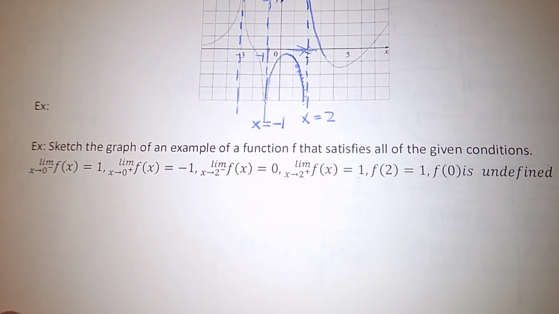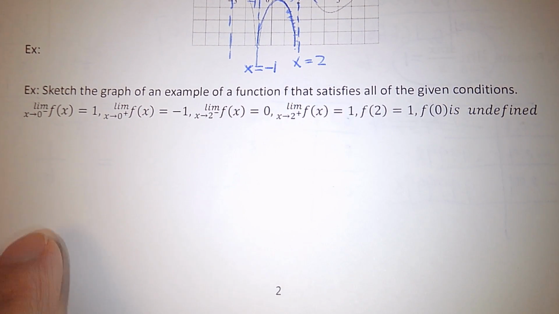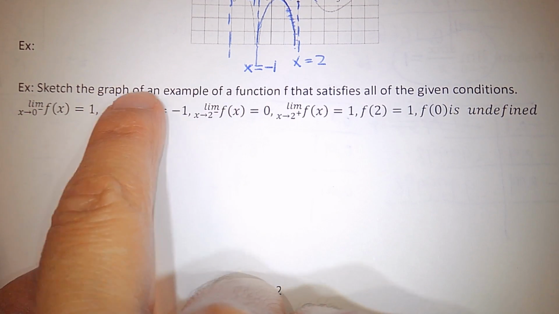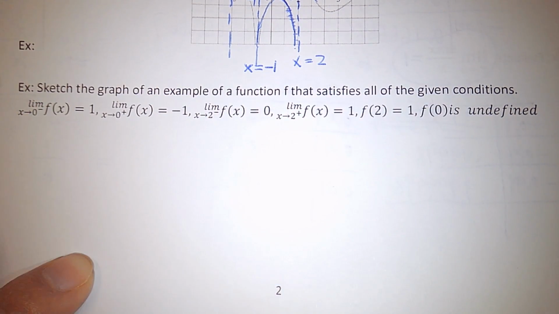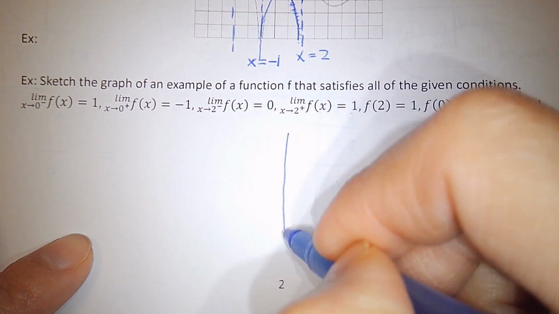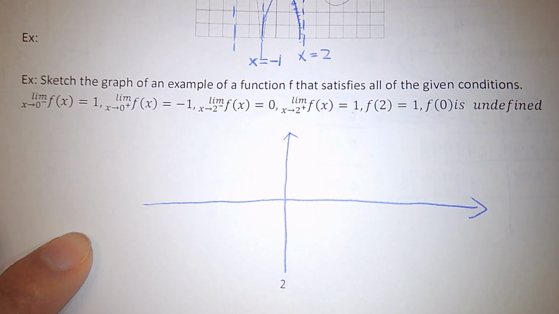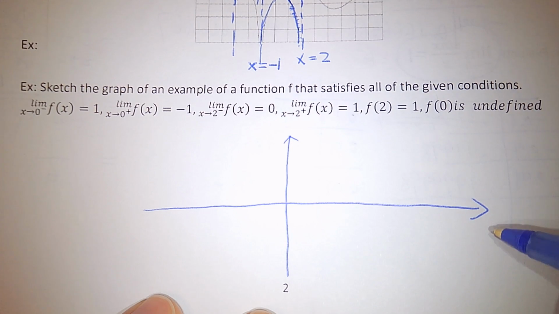All right, our next example. This is like you have to think about it, okay? Sketch the graph of an example of a function that satisfies all of these given conditions. Your graph may not be exactly the same as the other student's, okay? Everyone has their own graph.